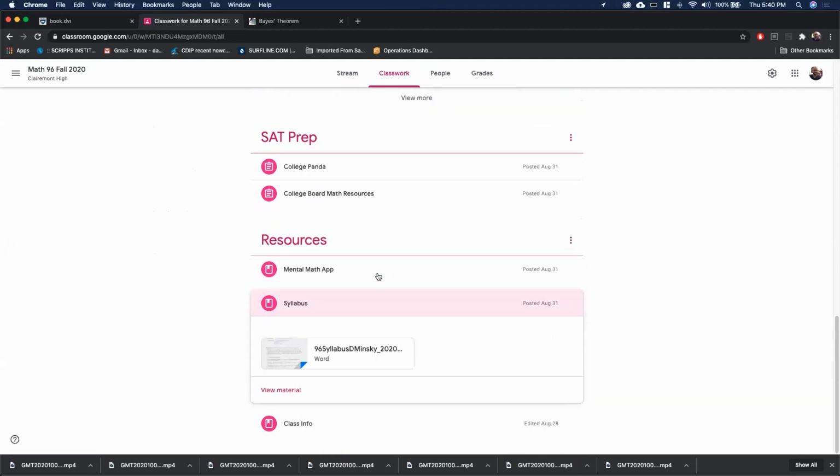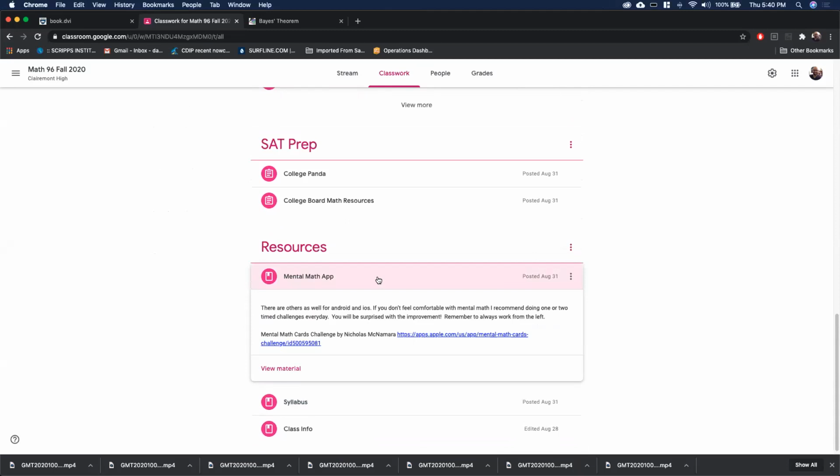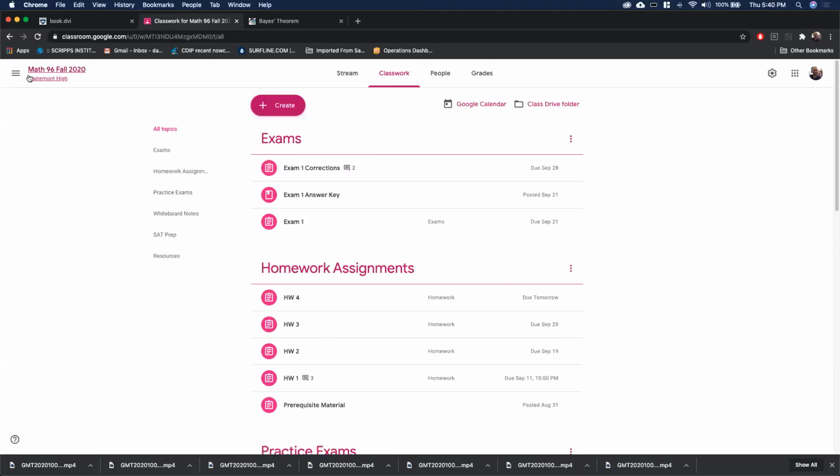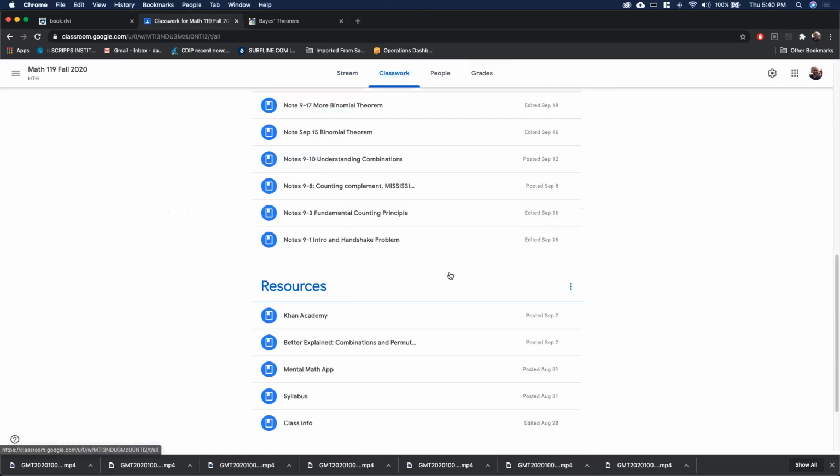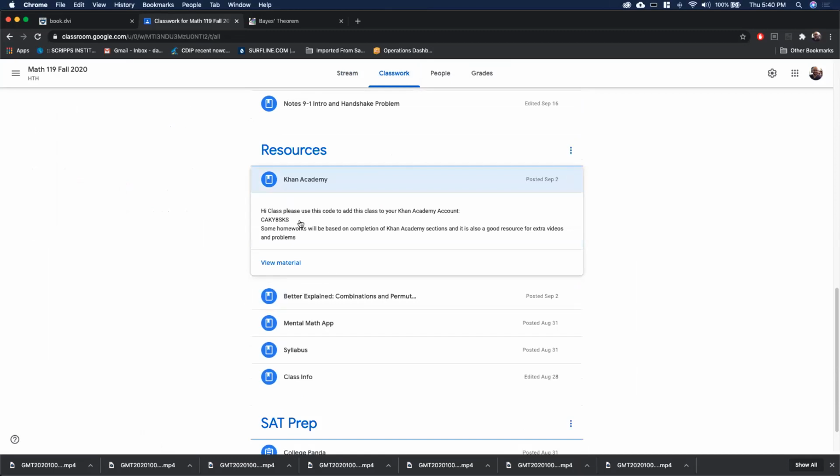No. Oh, this is Math 96, my bad. Okay, so resources, go to Khan Academy. Do you see this code here? CAKY8SKS? Yeah, I see. So just add yourself, and once you add yourself, I'll log in and add you to the class, and I'll send you all the assignments.